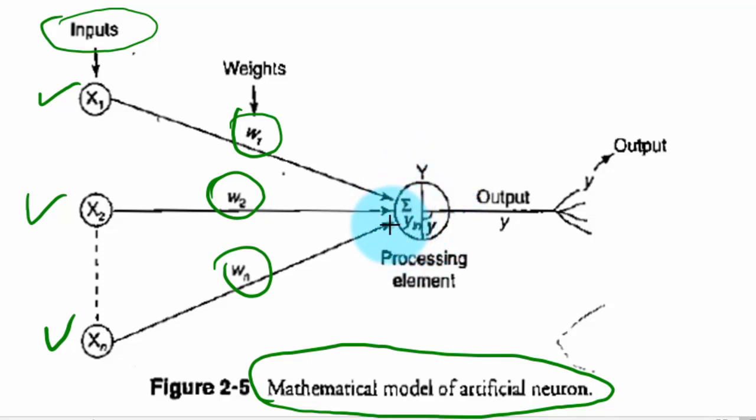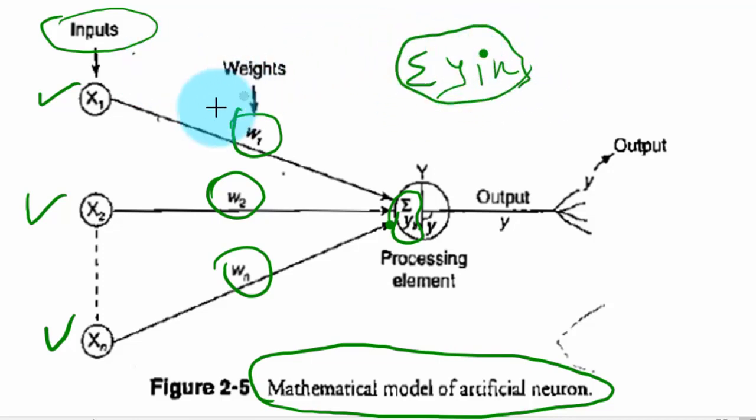In this we will first calculate the summation, y_in. This processing is divided into two parts. First we calculate y_in, the summation of all these things. Now to generate the output, we apply some activation function on it, then it will generate the output.